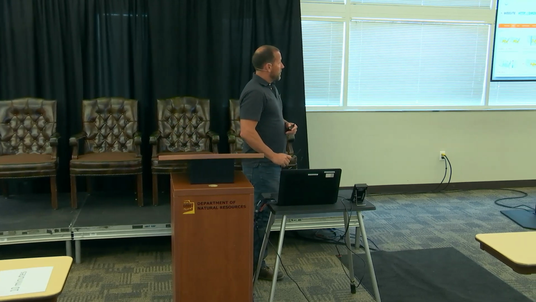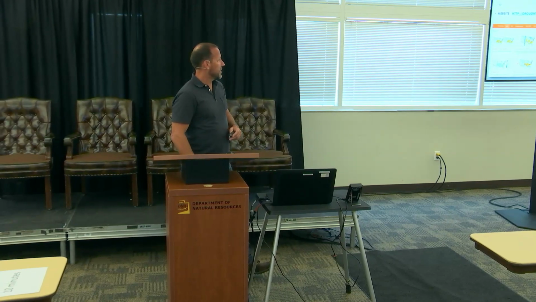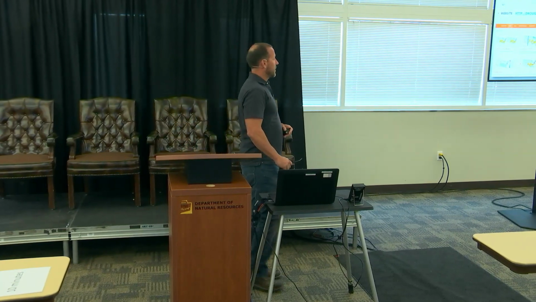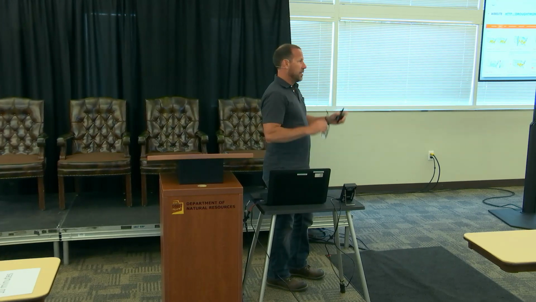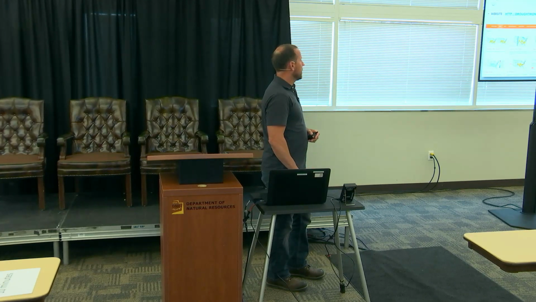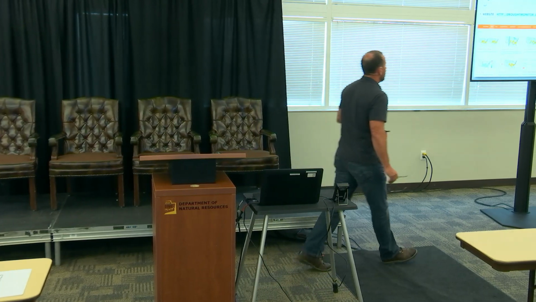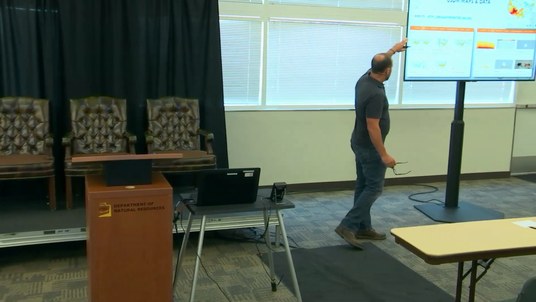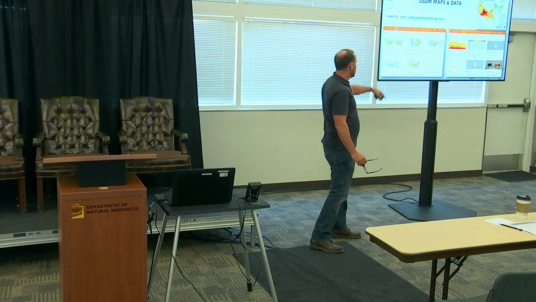So if you haven't seen the Drought Monitor website, this is diving in from off the home page, and some of the things that are available. The map's always released on Thursday morning, and if you go into the maps section, you're able to get a whole bunch of different things from there.